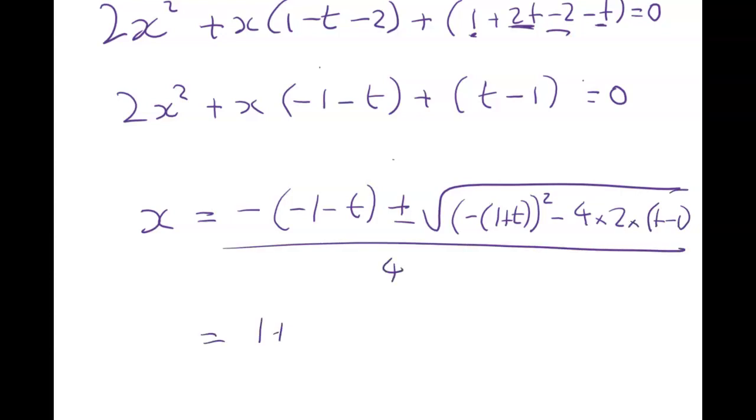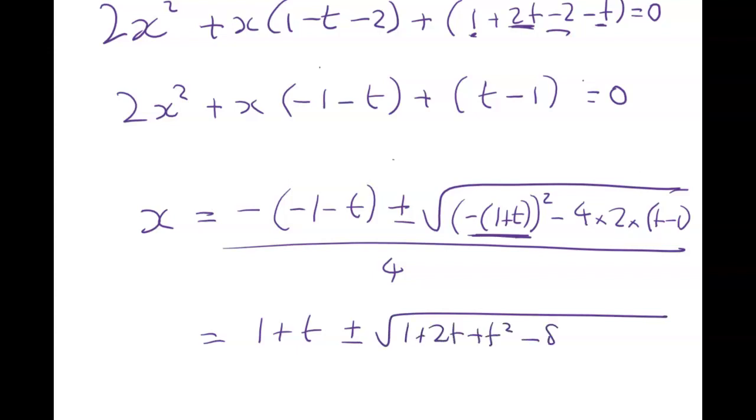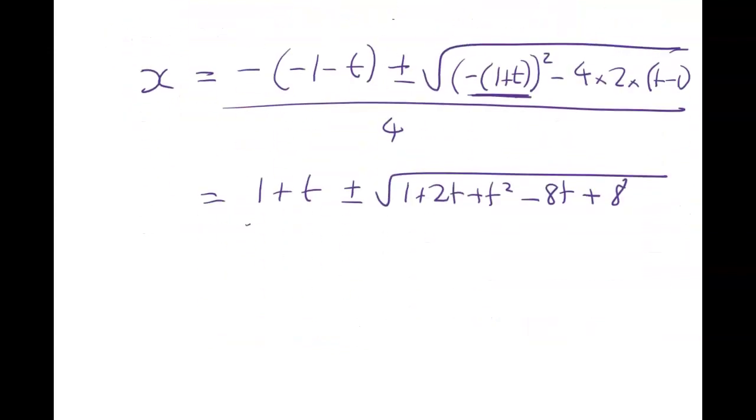That gives me 1 plus t plus or minus the square root of, well, this expands to give me 1 plus 2t plus t squared minus 8t plus 8. And we're hoping that that's going to turn out to be a nice square number.